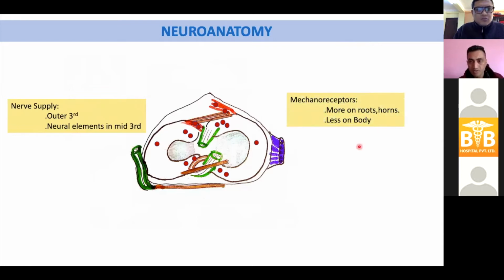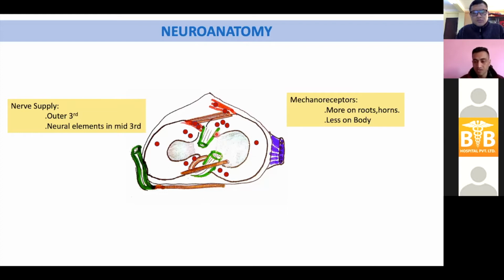And the mechanoreceptors are present more on the roots and the horns. These are more concentrated on the roots and the horns, and less on the body. This has special significance because when the individual is flexing or extending, at the extremes of flexion and extension, the roots sense the movement. So the individual understands that the knee is undergoing extreme flexion and they need to maintain their position.